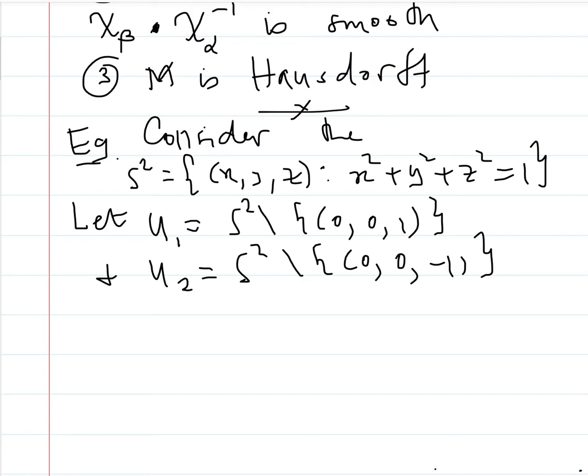So let's suppose chi1, which is going to be mapping U1 to R2.